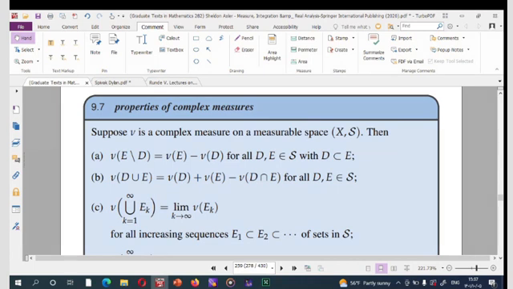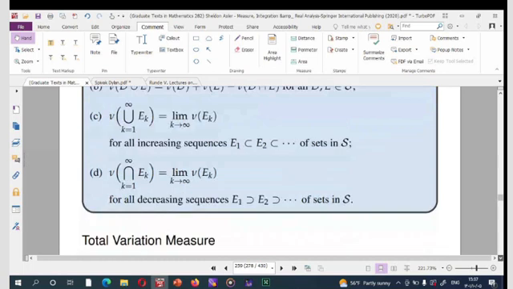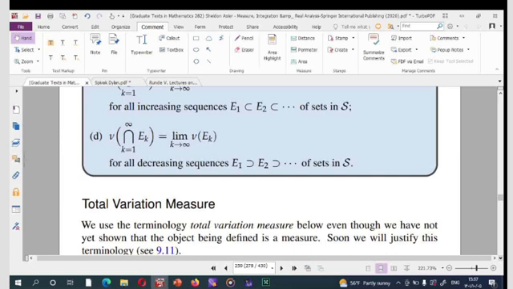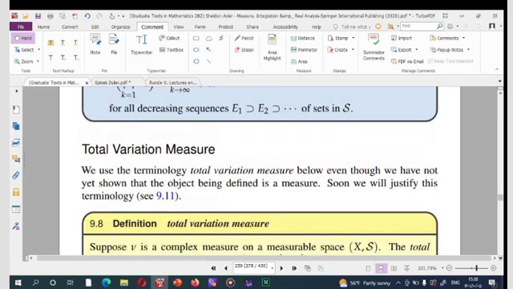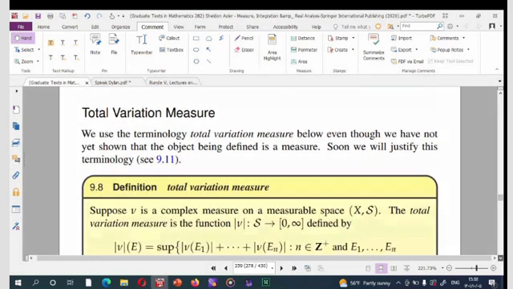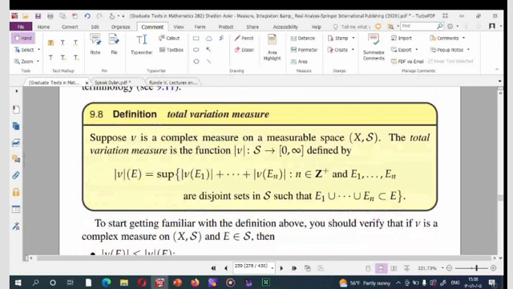Then we have these properties that we see in positive measures, and these properties prove similarly and very easy. But we have the definition of total variation of measures. Please note this definition.